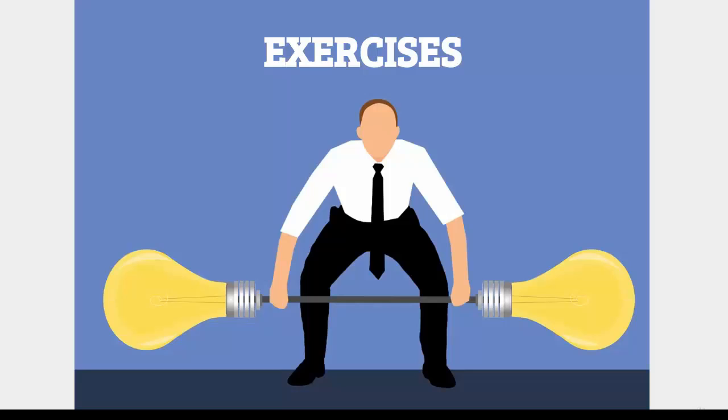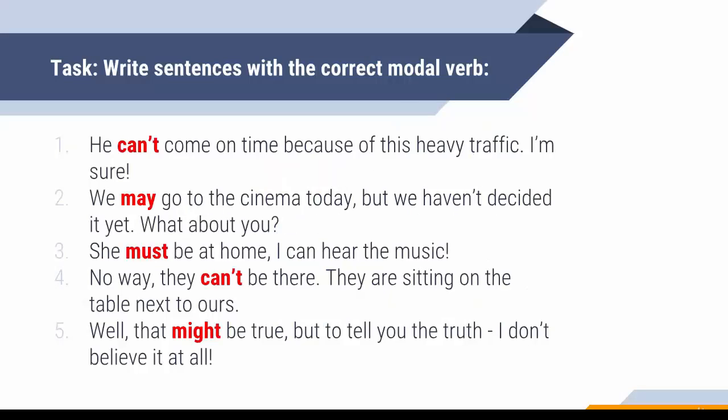Okay, one exercise, check the PDF. And we are doing it together. Fill in the sentences with the correct modal verb. And why, of course. He can't come on time because of this heavy traffic, I'm sure. He can't come. It's impossible.